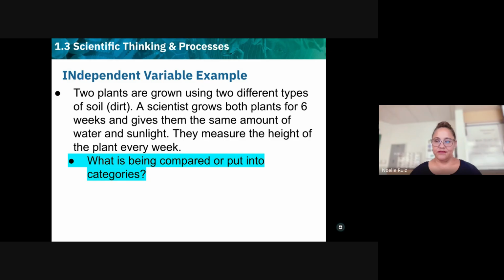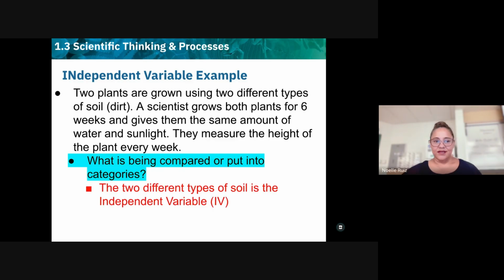Two of you got it. All right. It is the two different types of soil that is the independent variable. Soil A and soil B, whatever they may be, they're the two different categories we are growing these plants in.